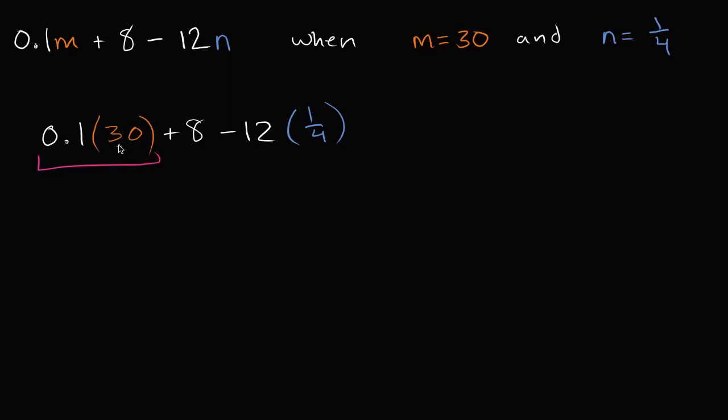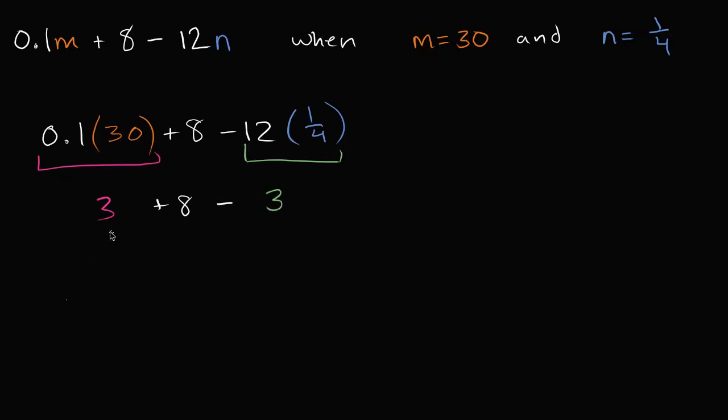Well, 1/10 of 30 is going to be 3. So this part is 3. We have 3 plus 8, and then we're going to have minus. Well, what is 12 times 1/4? That's going to be 12/4, or 12 divided by 4, which is going to be equal to 3.